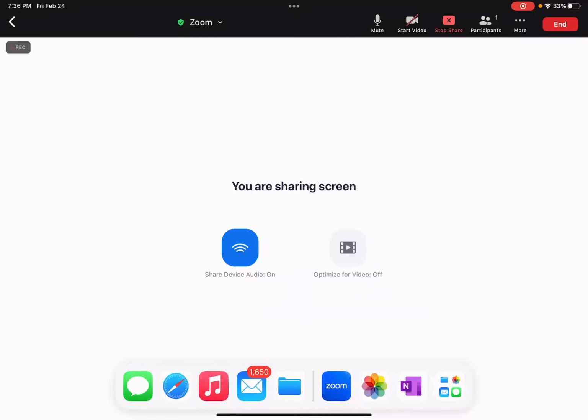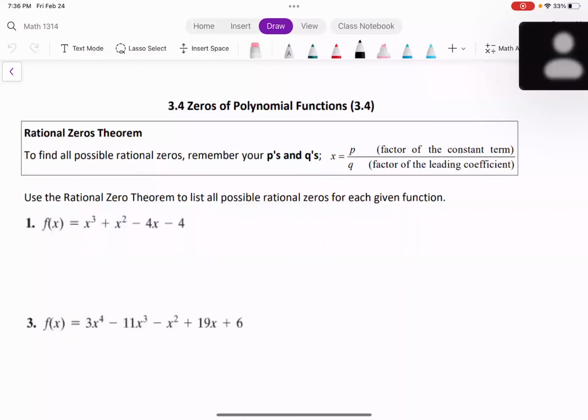Hello everyone, welcome back. Today let's see 3.4, zeros of polynomial functions.